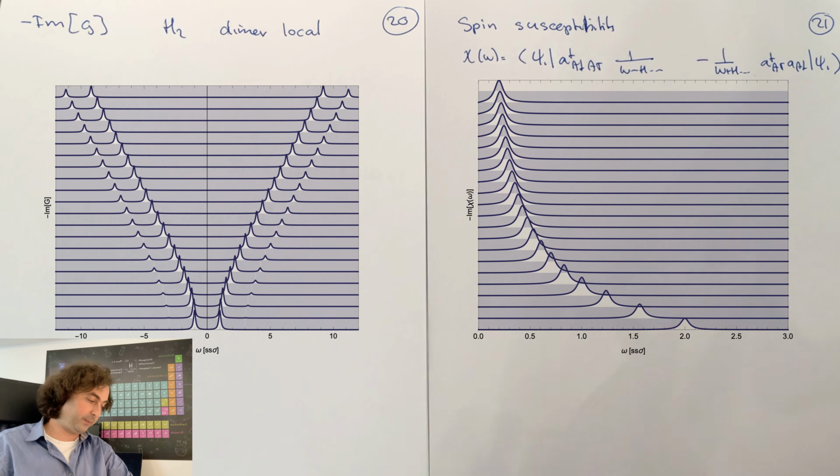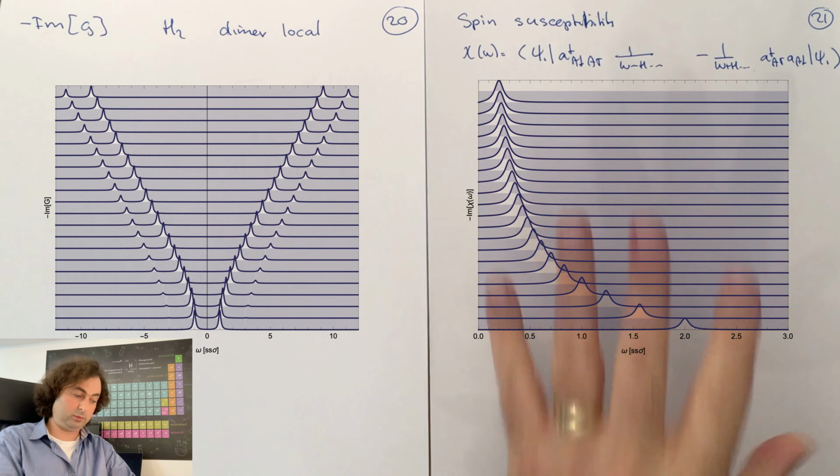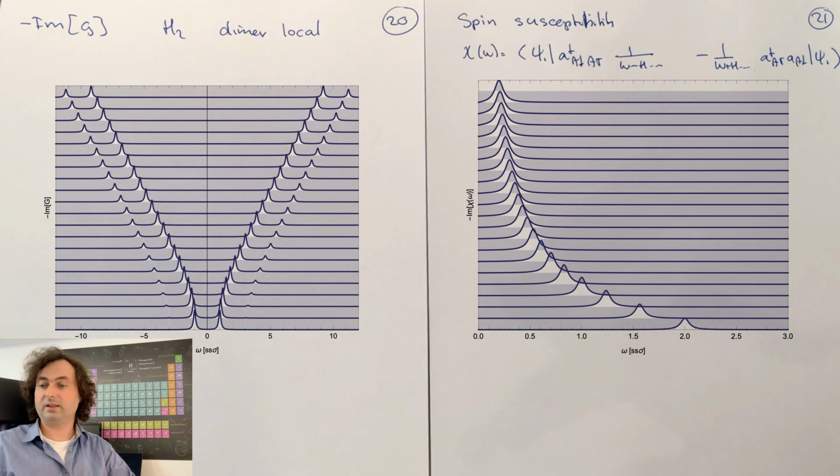They contribute to things like specific heat, but you can also, if you have an extended system, make spin waves with which you can communicate information, and you might even try to make electronics that is then based on spin excitations instead of charge excitations.